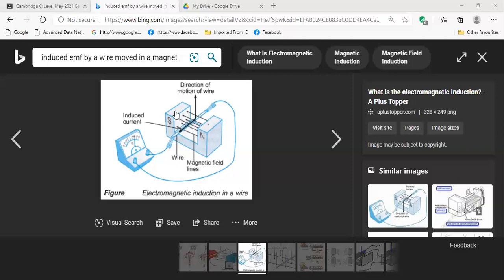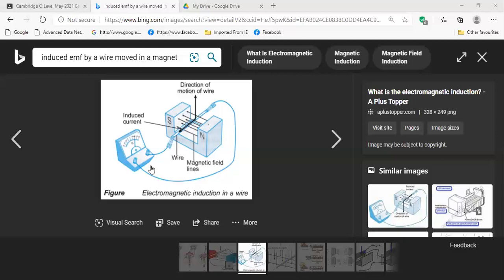Out of the page, or out of the screen. So it is the direction of induced EMF or induced current using Fleming's right hand rule. In this rule we get electricity from motion. Is it clear?